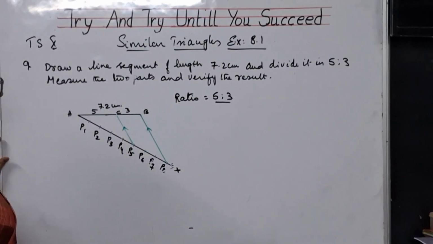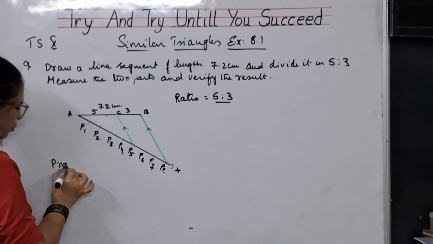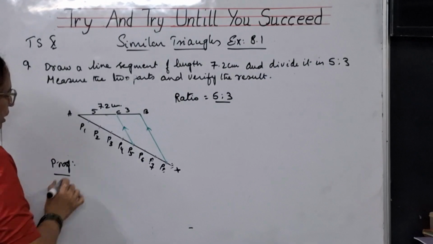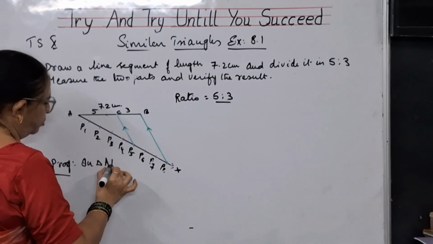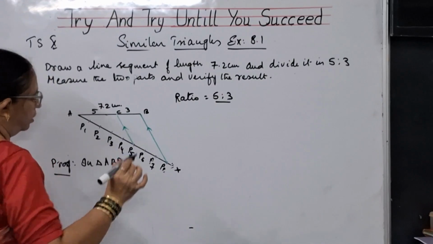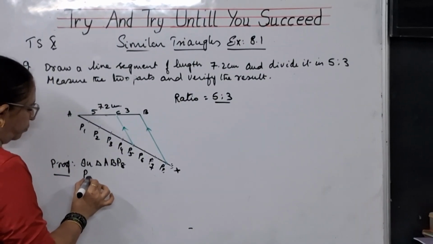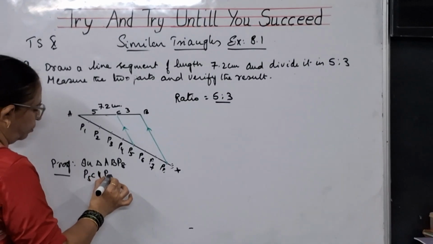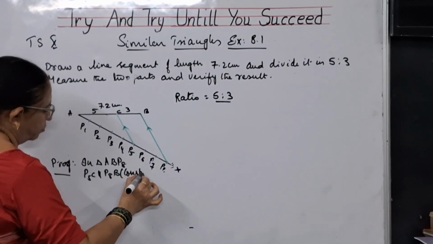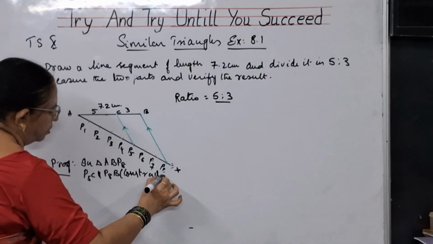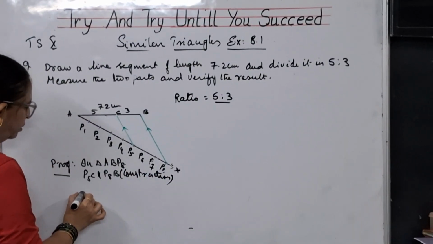How will you prove that it is in 5 and 3 ratio? I will write the proof for it. Let me take triangle ABP8. In this triangle ABP8, P5C is parallel to P8B. This is our construction. We have constructed. So what you will be saying?